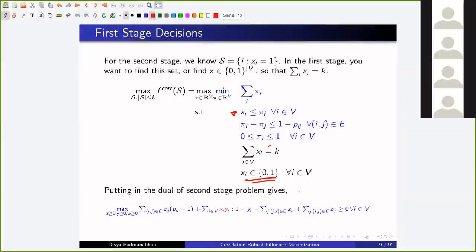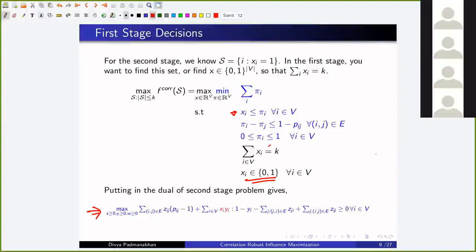Now you can use the standard dual trick. You can take the dual of this problem, which is given in blue, and what you get is this maximization problem. What I've written here is just the dual part, and of course there are z, w, and y, other variables. Finally, for the first stage, you will solve a joint maximization problem, and x also becomes a variable.